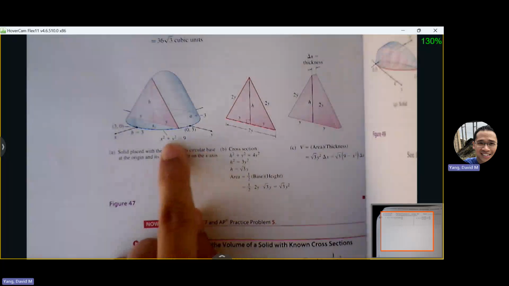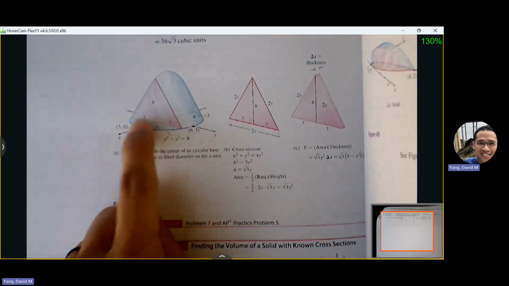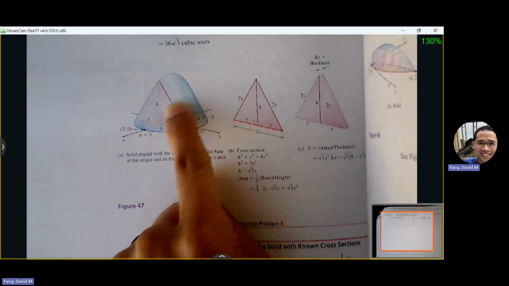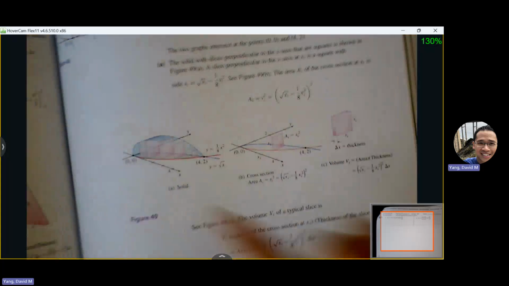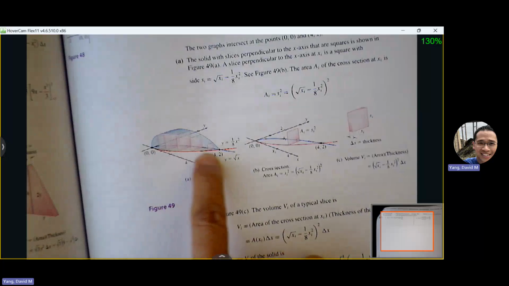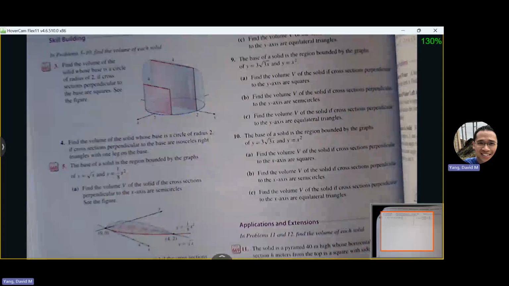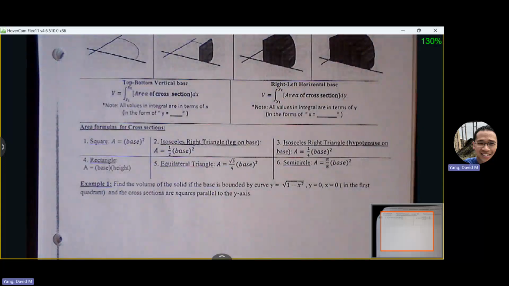The textbook shows if I have a base that's shaped like a circle, but my cross section is a triangle, then we get something shaped like that. This is another cross section that is squares. Here's one that involves squares. We don't have to worry about drawing them. We're just getting enough information to plug into the volume formula, and really that's it.